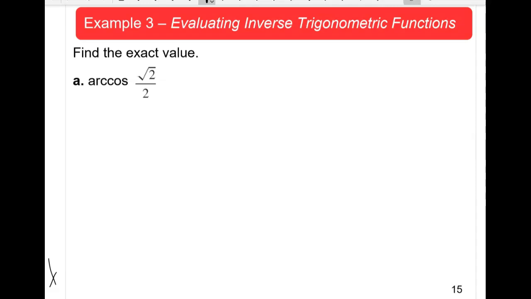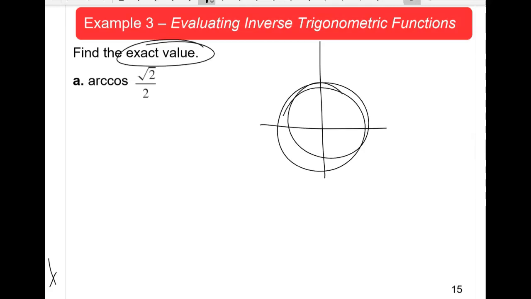For example 3, we're going to find the exact value. When they say exact value, they don't want the value that you get with the calculator, because it will probably be a decimal. They want an answer in radians, more than likely. And this is one of the common cosine values. So let's start by drawing that unit circle.